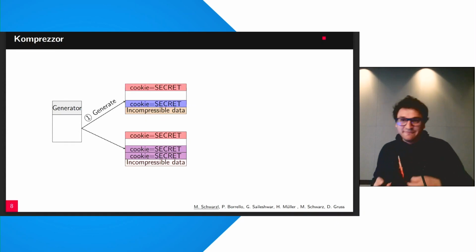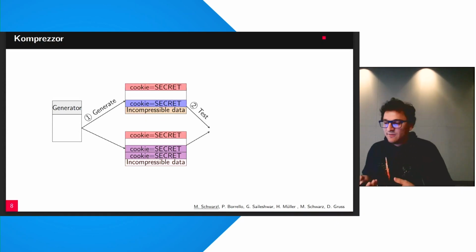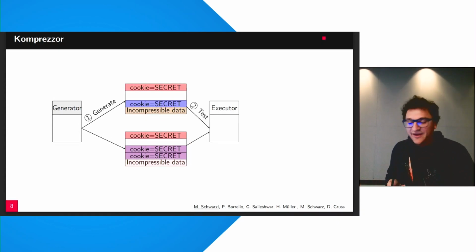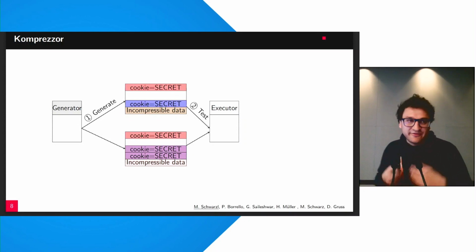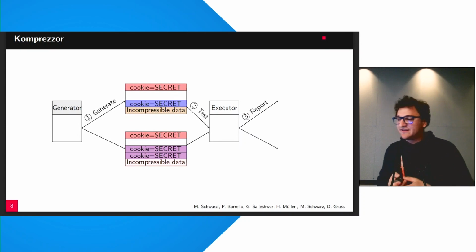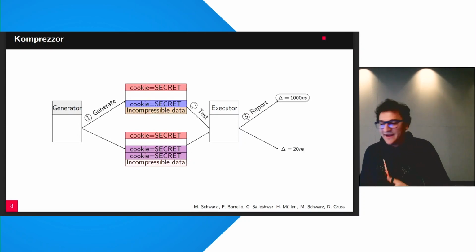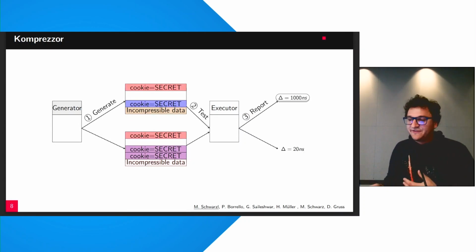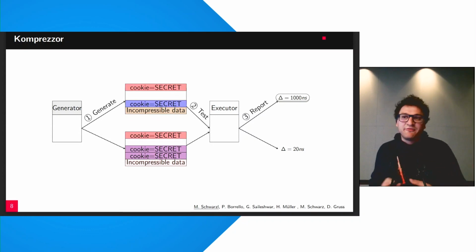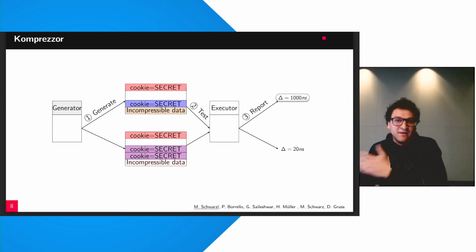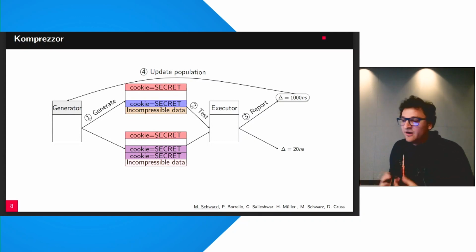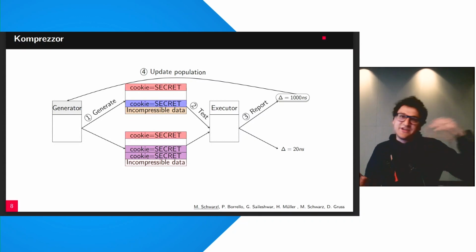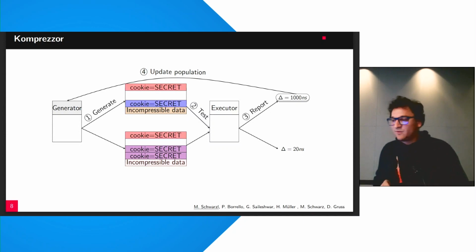Based on that, these memory layouts are executed and evaluated multiple times to get some significance of the timing differences between correct and incorrect guesses, and reported back. Based on the result of that first execution, the better memory layouts are taken as a new population for the evolutionary fuzzer, which generates new samples based off the ones which led to higher timing differences.